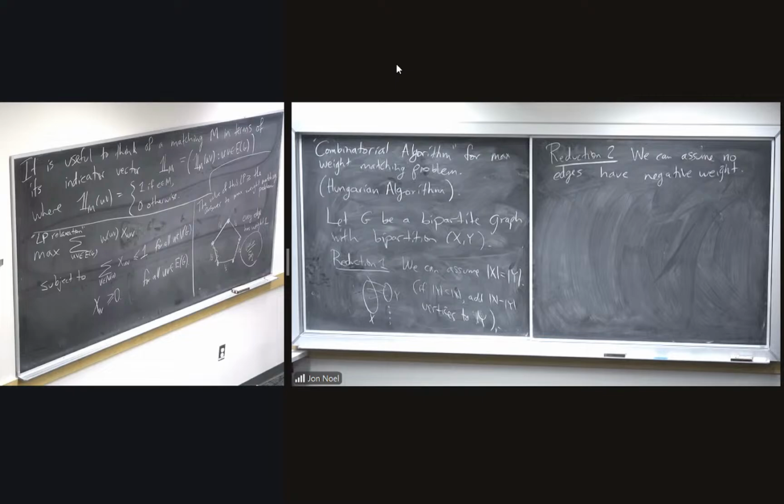Any thoughts about why that's legit? Why I can do that? Yeah. We're just trying to maximize the weight. If there's a negative weight, we can just maximize the weight function plus whatever to make it positive. That's often a good approach.